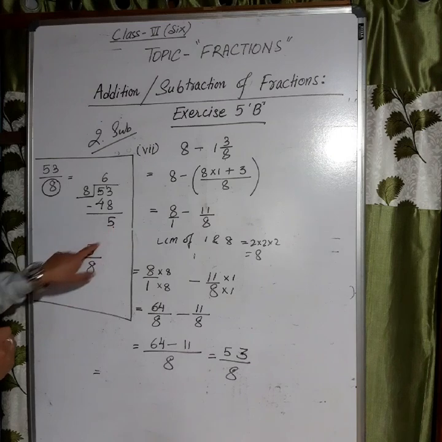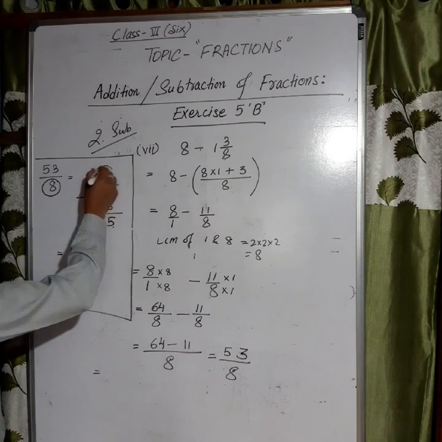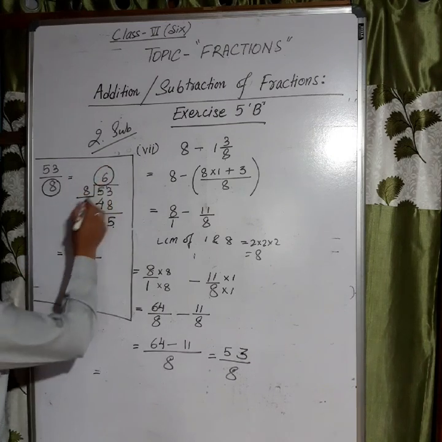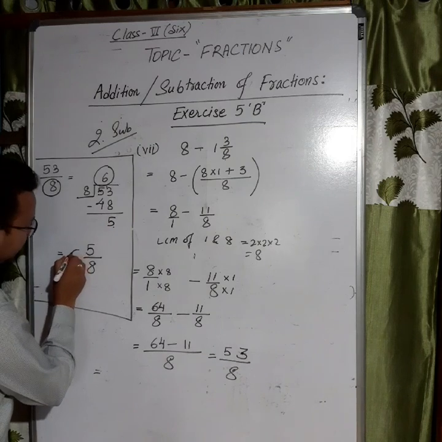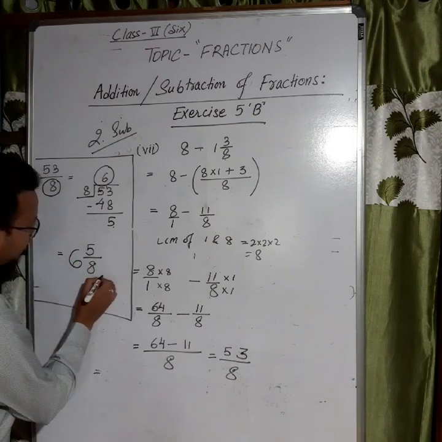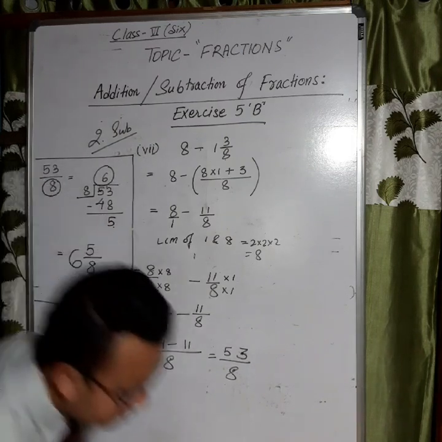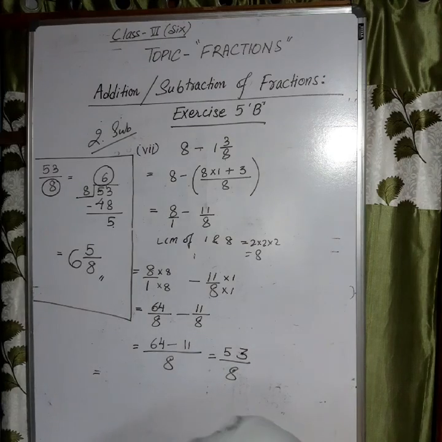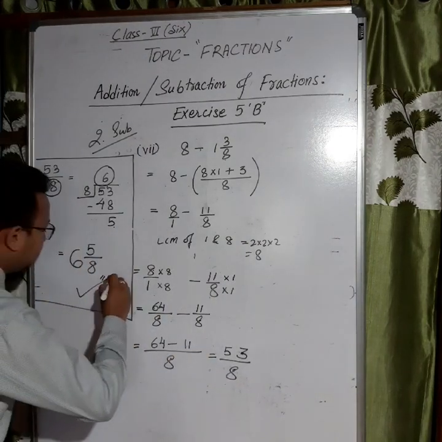This remainder goes to the numerator, and whatever is the remaining number, that is 6 as quotient, will be written as the whole number. So you might check your answer at the back, that is 6 5 by 8.